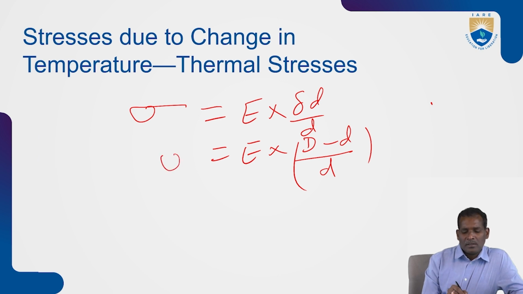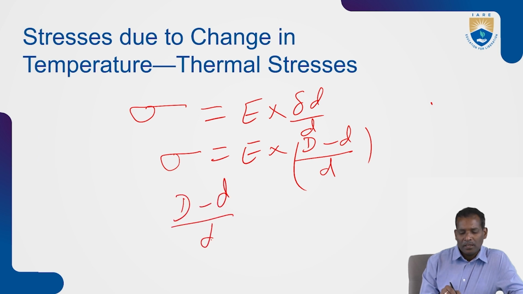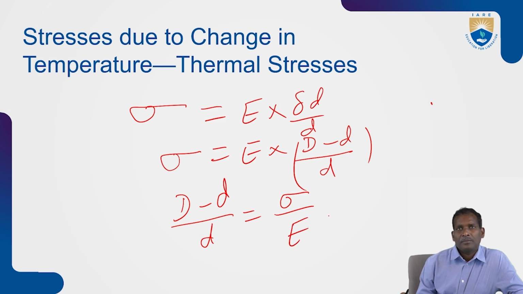Now substitute the given values, or otherwise simplify this equation first. Capital D minus small d by small d is equal to sigma by E. Right? We can write like this.